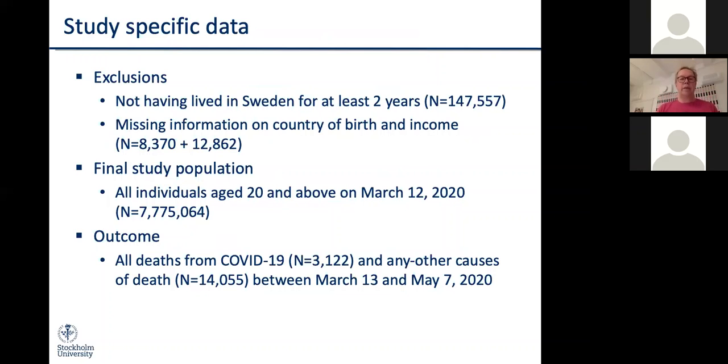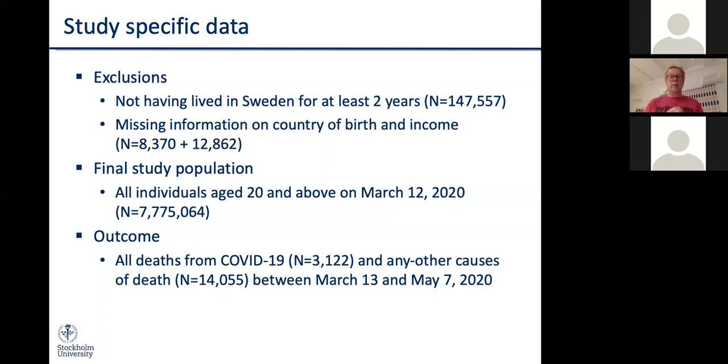Here we have a little bit of exclusion. You had to live in Sweden for at least 2 years. This was based on the background variables, which are not updated on a daily basis. So we required that you had to live in Sweden for 2 years to be included, because then we have all the background information from all the administrative registers that are not updated on a daily basis.